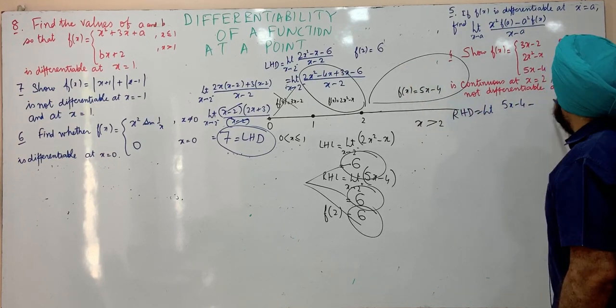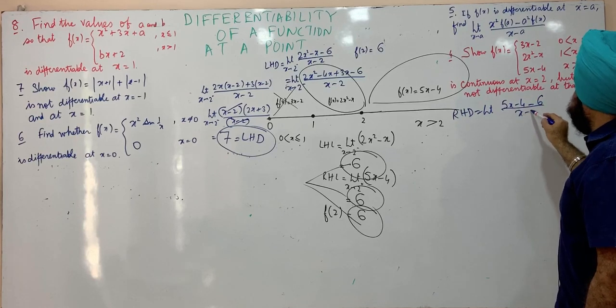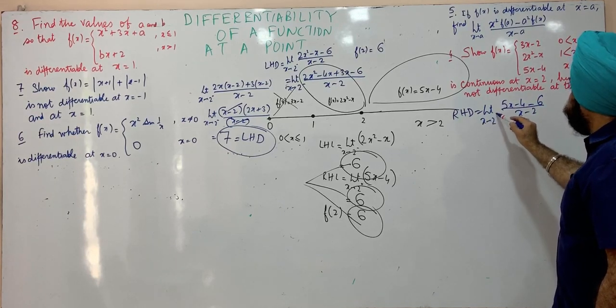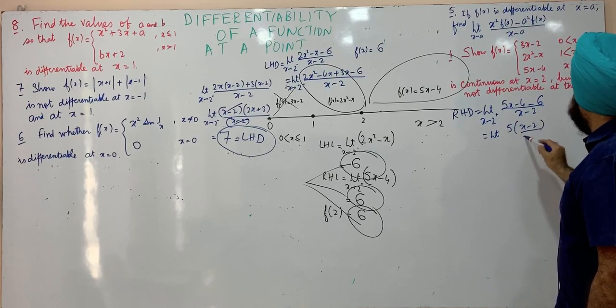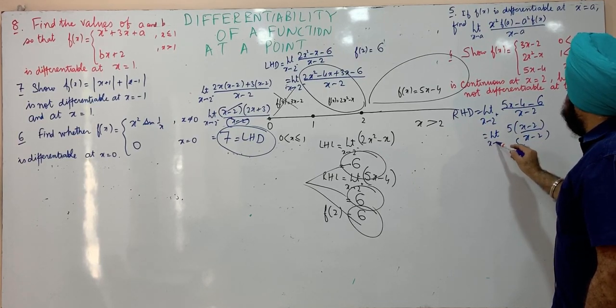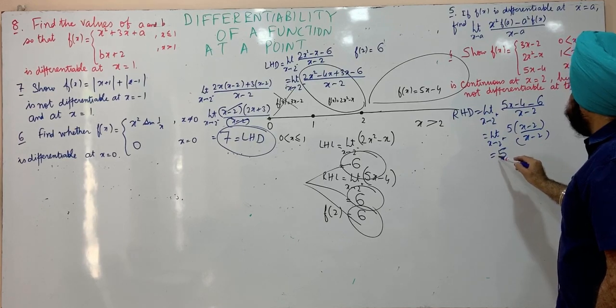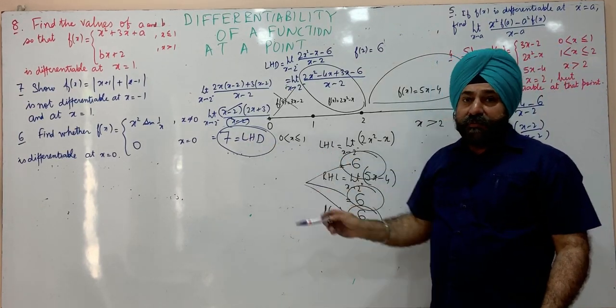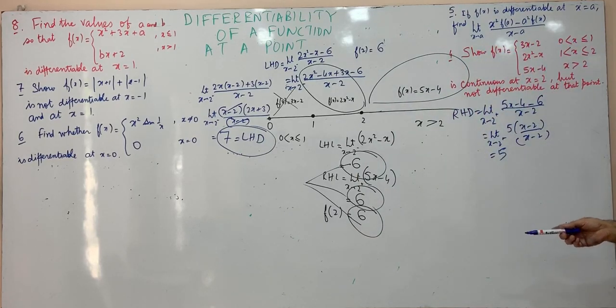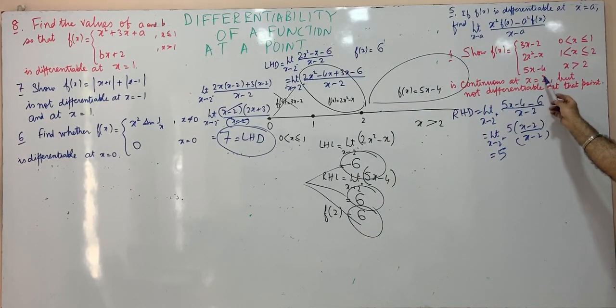F of 2 is 6 upon x minus 2 as x approaches 2 plus. This is 5 into x minus 2. X minus 2 will cancel out, we get 5. So the right hand derivative is 5, the left hand derivative is 7. So this function is not differentiable at x equal to 2.